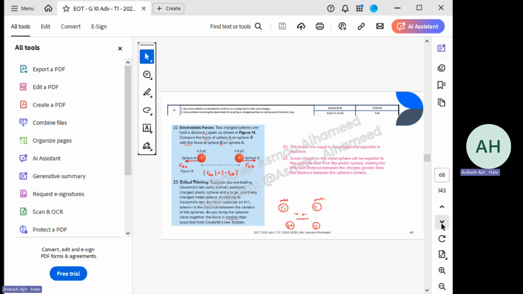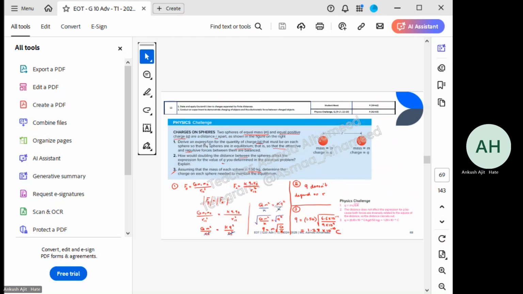You have this electrostatic force. You have two charged spheres separated by R. Compare the force of sphere A on B with the force of B on A. Of course, it will be an opposite charge. Here also they are giving the same thing.